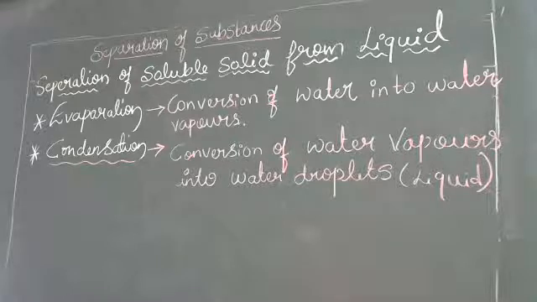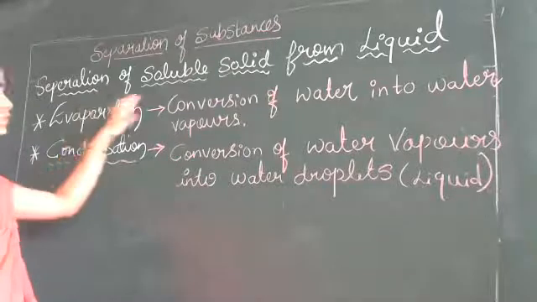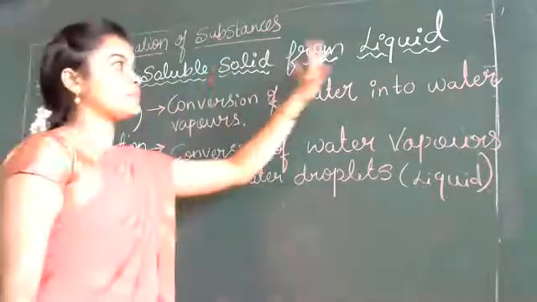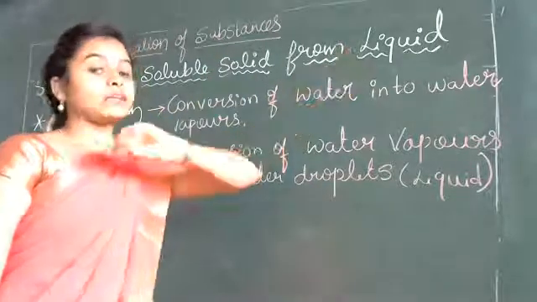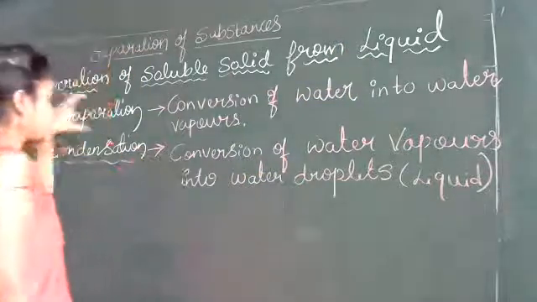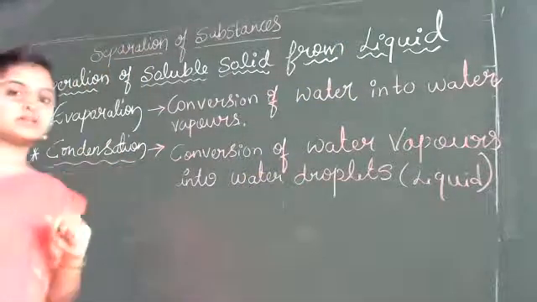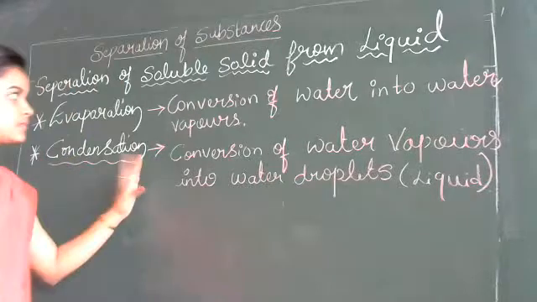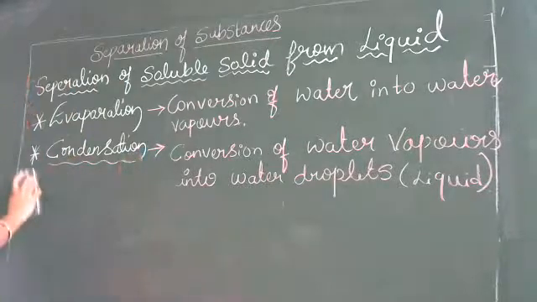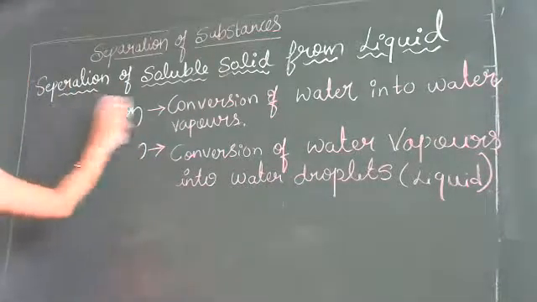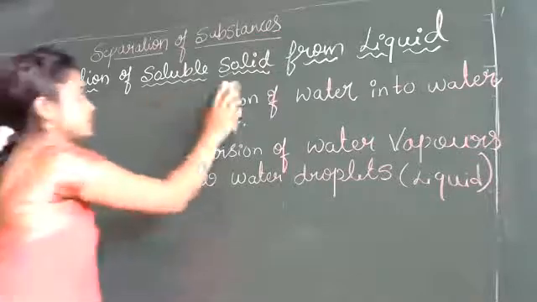Shall we move to the next method? Okay. So now in this session, what we have studied is separation of soluble solid from the liquid by two methods. One is evaporation, one more is condensation. So remember this. Now we will see.